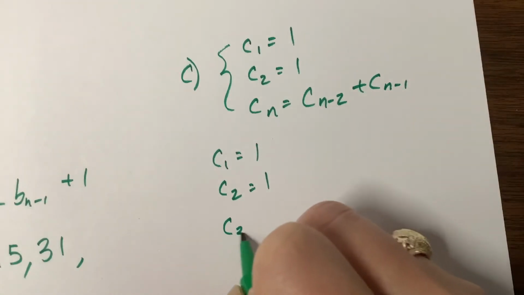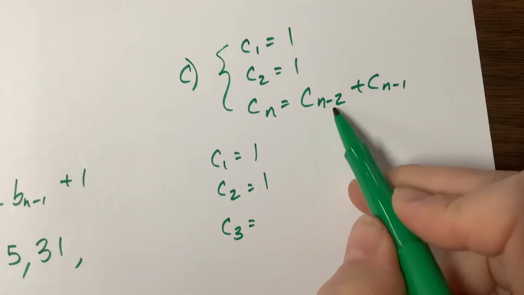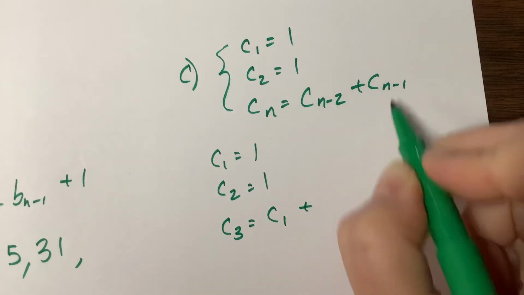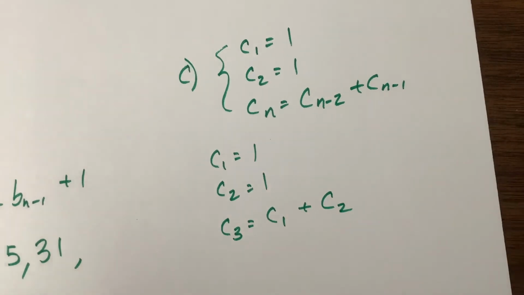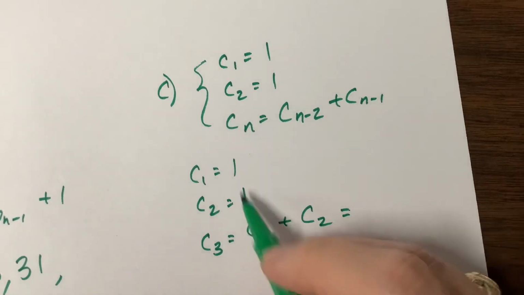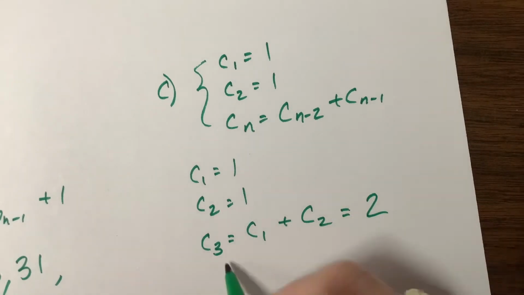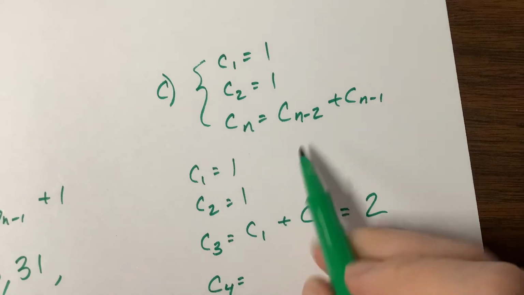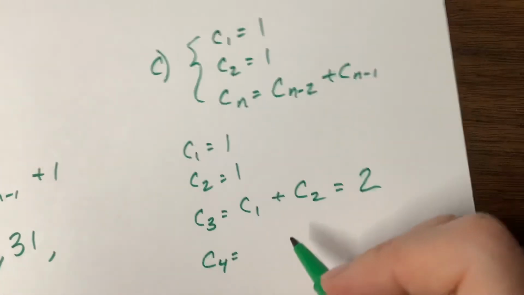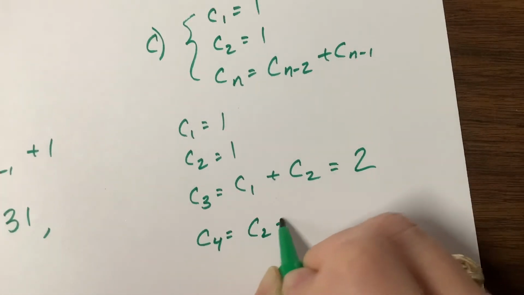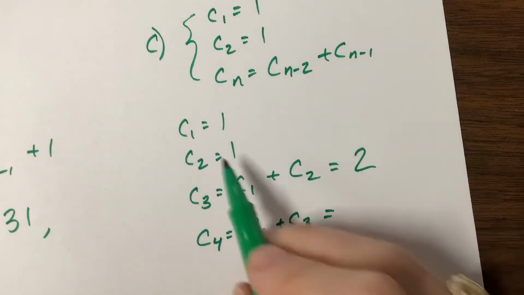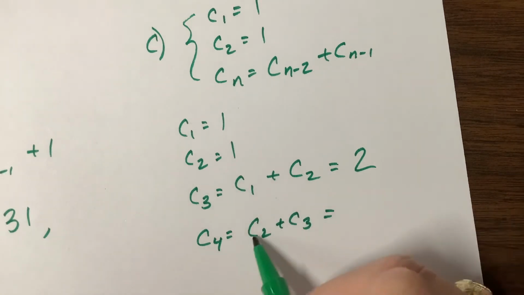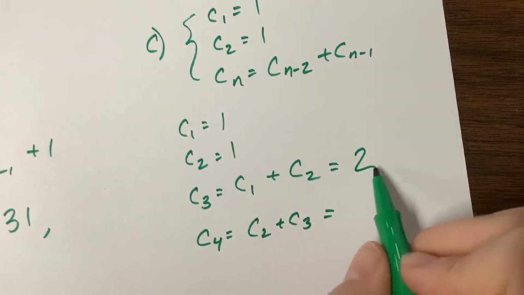The third term would be equal to, well, 3 minus 2 is 1, the first term, plus 3 minus 1 is 2, the second term. So the first term was 1 plus 1 is 2. Now the fourth term would be equal to the second term plus the third term. The second term was 1, the third term was 2, so 1 plus 2 is 3.